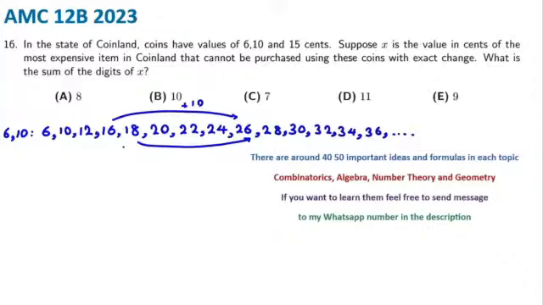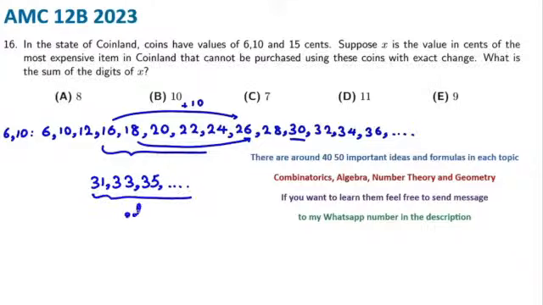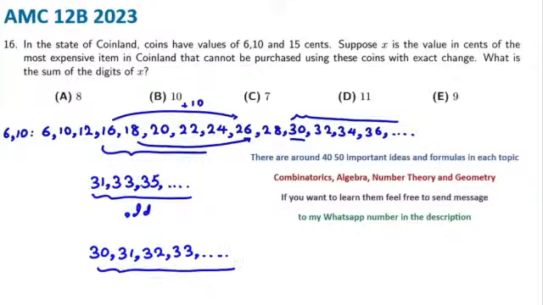Now, if we add 15 to each of them, we have 31, 33, 35, and so on. Because we also have 30 here, from here we have all odd numbers, and from here we have all even numbers. So we can create 30, 31, 32, 33. From 33, we can create all numbers.